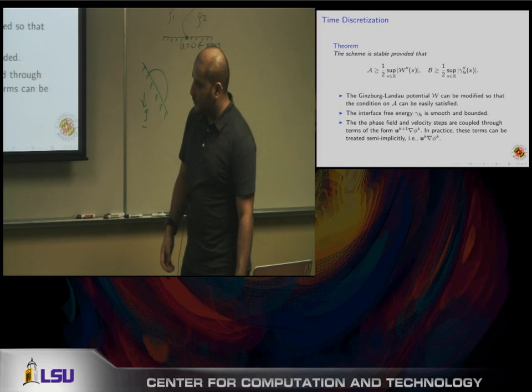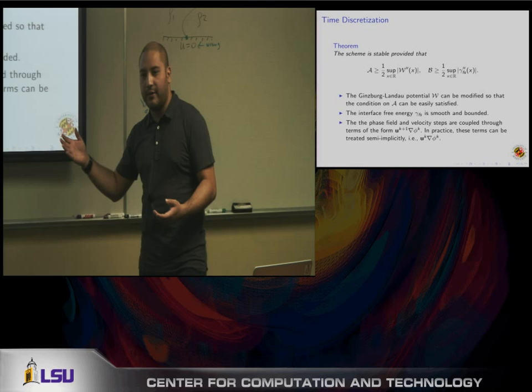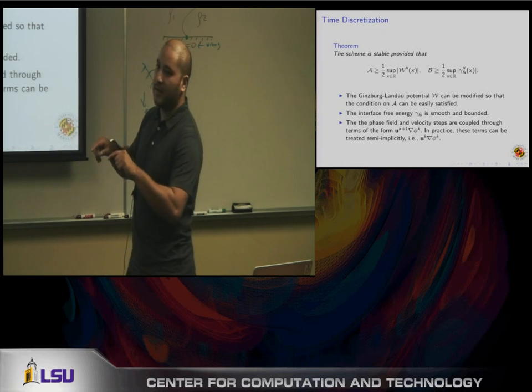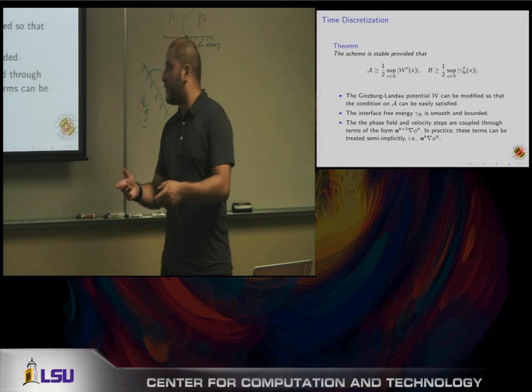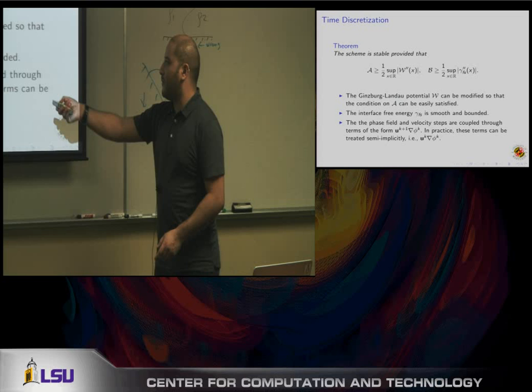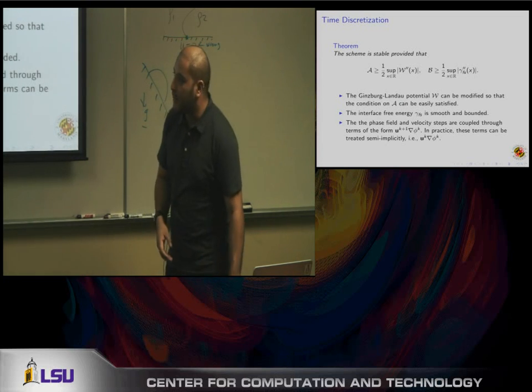However, we can modify it, restricting it to quadratic growth a little bit away from the points where we want to have the minima. Then, if it is quadratic, this is a constant, and this is easily satisfied.